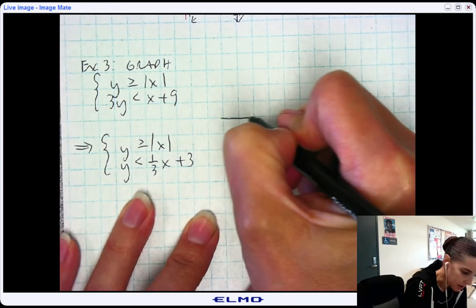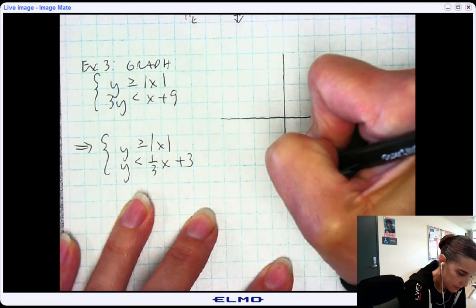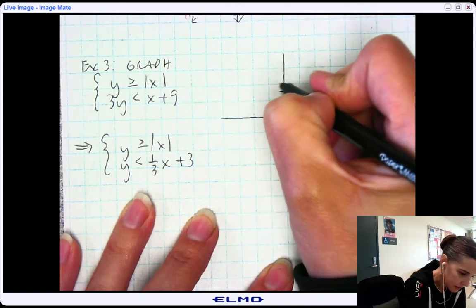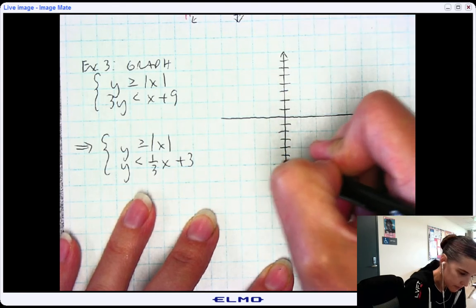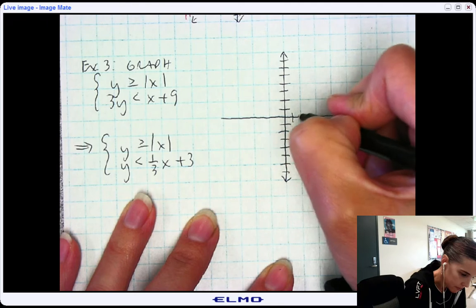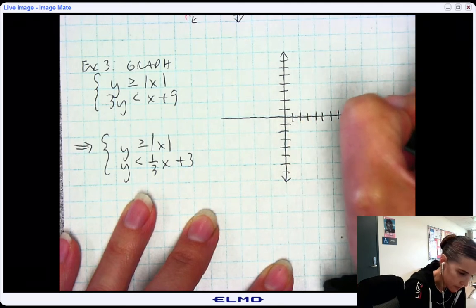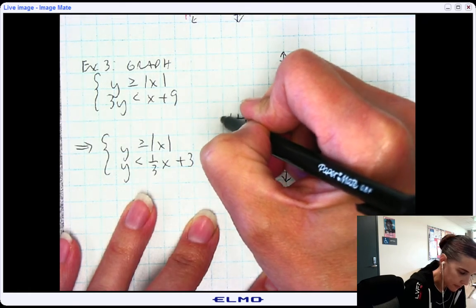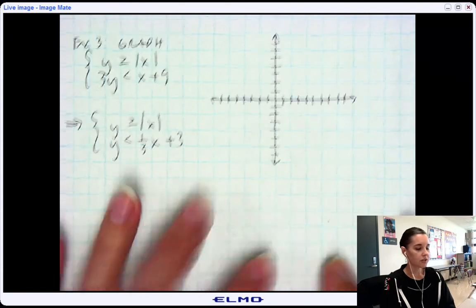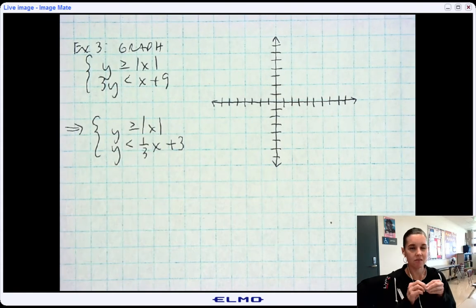So let me set up my graph. Okay, so for those of you that have never graphed an absolute value before, that's the graph that starts at 0, 0, and you just do one by one, it's a V. So that's what I'm going to do.